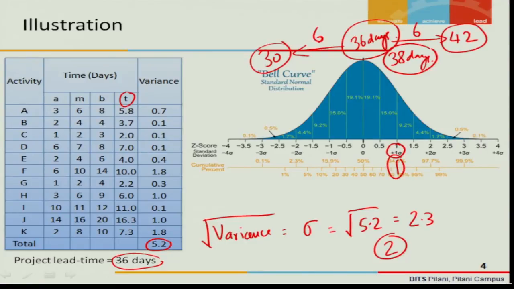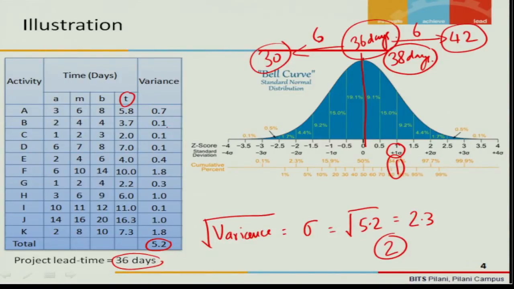Is this clear? I am just explaining very quickly again that we have found the project lead time through a CPM route: 36 days it will take to complete the project, which is the center point. That is the mean, 36 days. And we have also computed the variance. The variance formula is known to us.